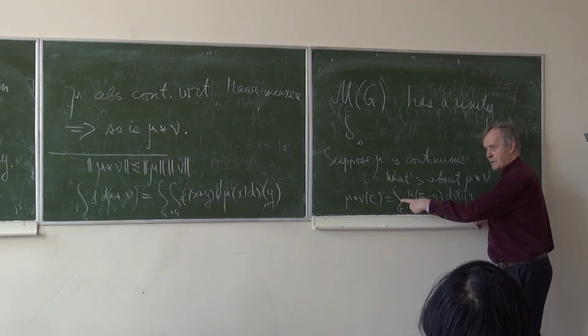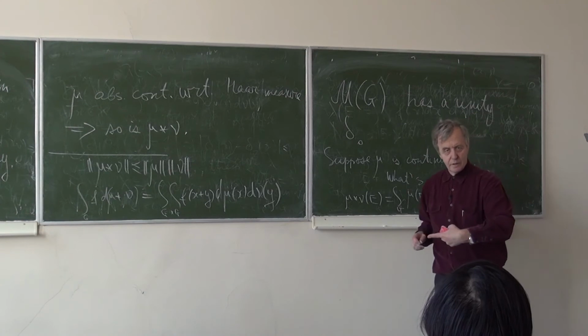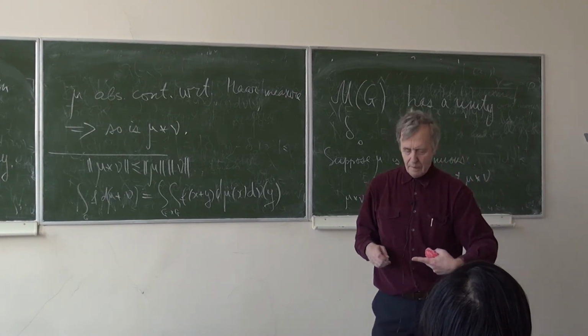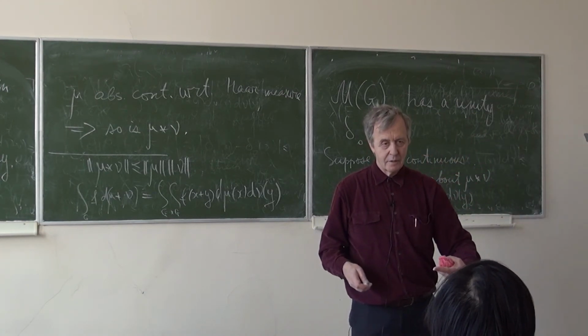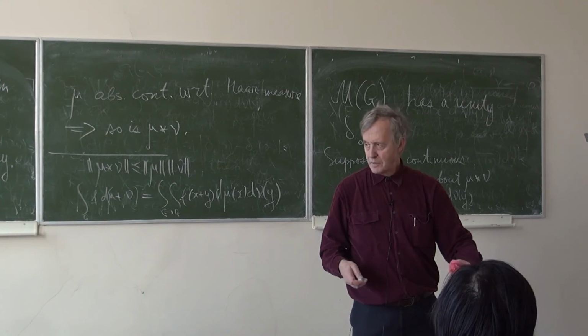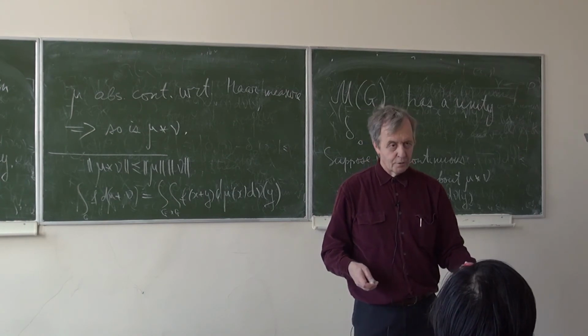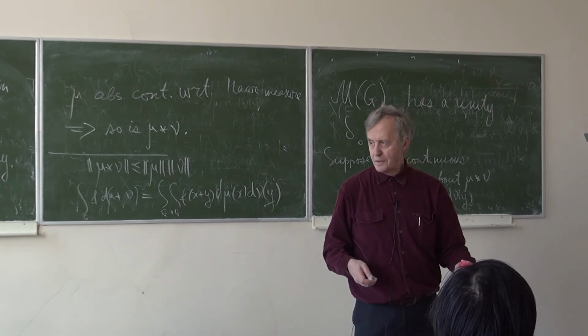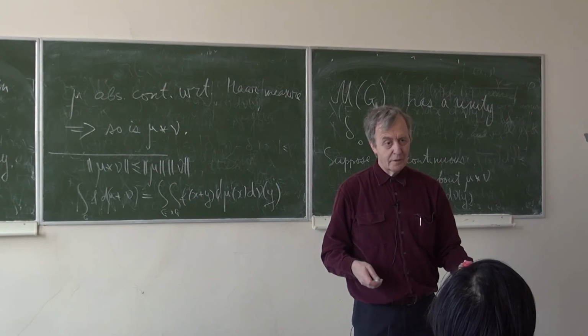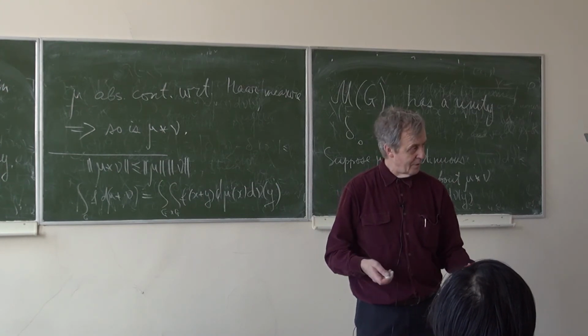That is, the convolution is also equal to 0 on every countable set. This means that the convolution also doesn't have point masses. And so the set of continuous measures is a subalgebra and even an ideal in the algebra M.